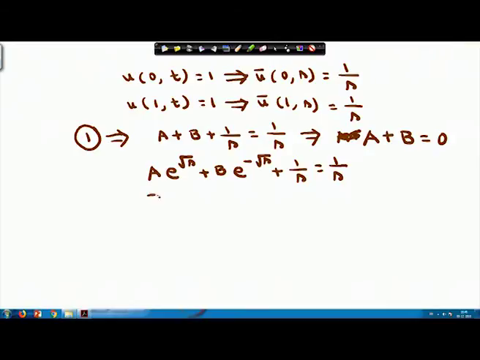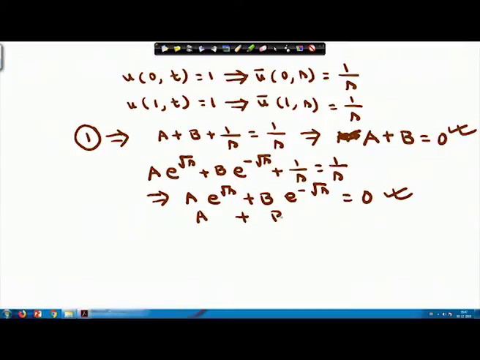So, you can obtain a e power root s plus b e power minus root s equals 0. So, you have now two equations, and from these two equations, I have to find out the values of a and b.